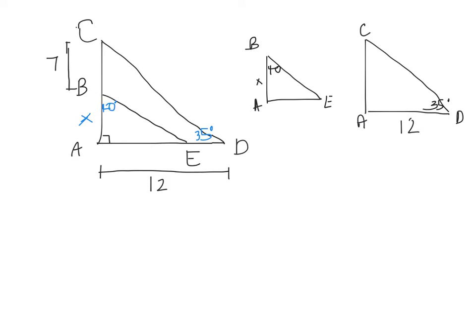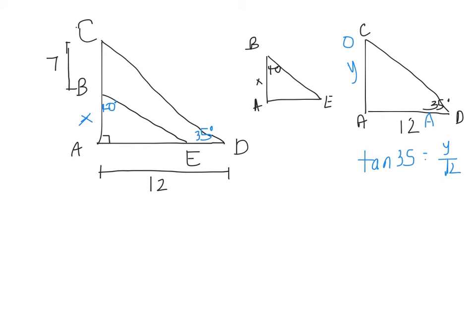So if I name C to A as Y and find it, I would be using tangent. So I have tan 35, and I label my sides, opposite and adjacent. So it's Y over 12, and I multiply on both sides, so I go 12 times tan 35.